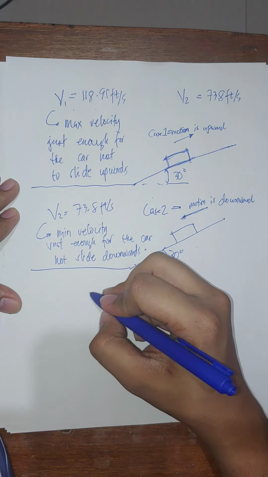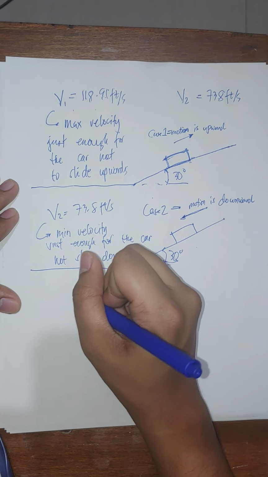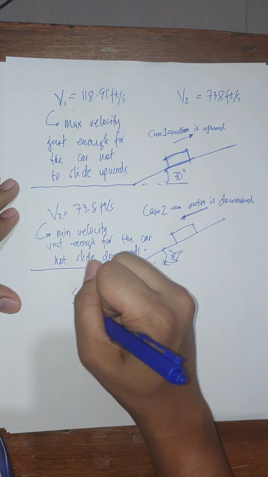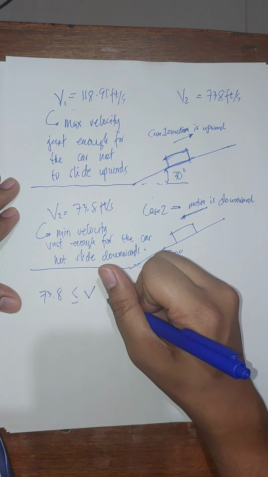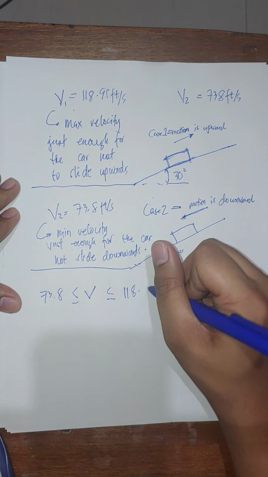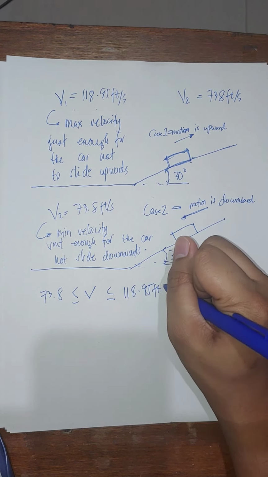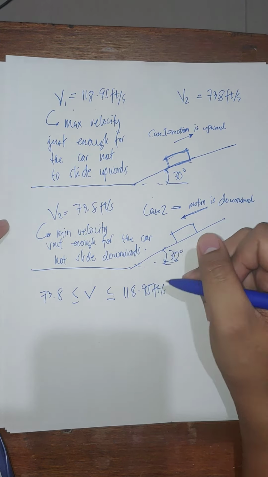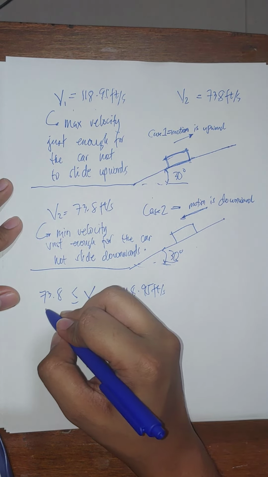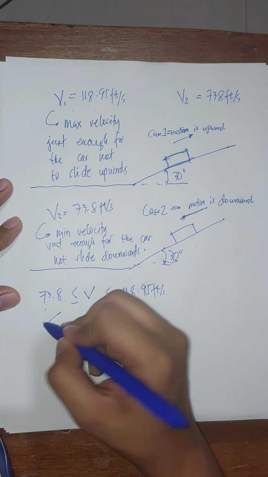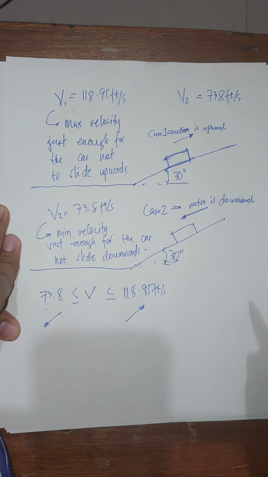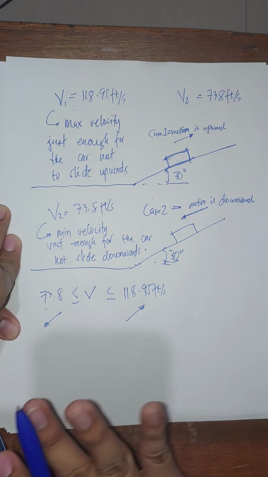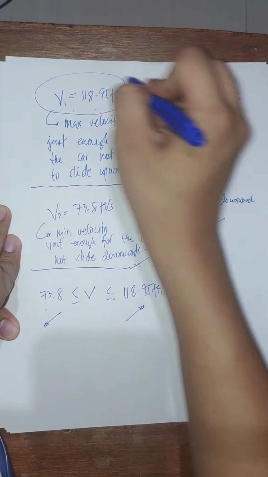So the velocity should be greater than or equal to 73.8 foot per second, but less than or equal to 118.95 foot per second, so that it will not slide downward and will not slide upward. So our maximum safe velocity so that it will not slide is this one.